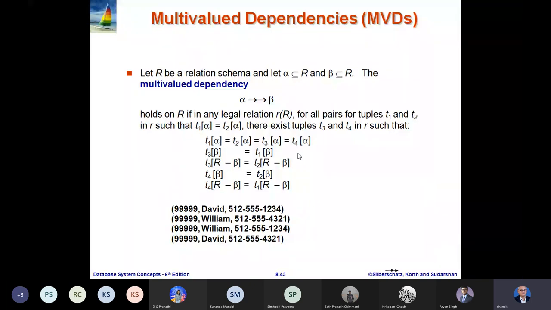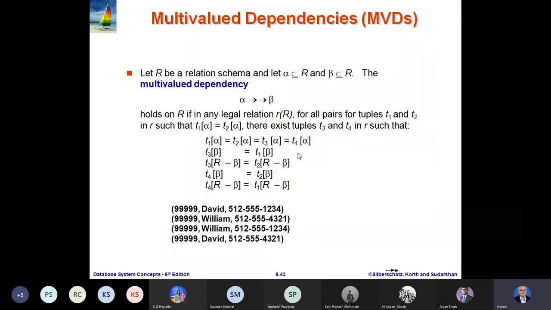Now, what it means is, if you take this example we had seen before, that we have this employee code, then the child's name, and then the phone numbers. So if you take these T1, T2, T3, T4, we see that there is this multi-valued dependency alpha to beta.